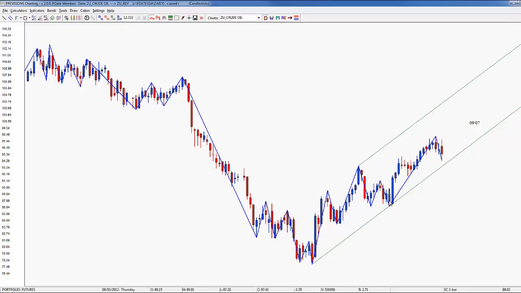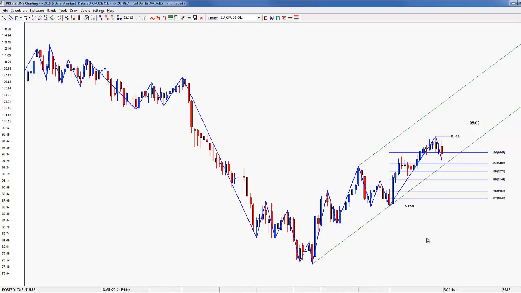Now you know what might be curious, I'm just going to do this out of curiosity, but I'm going to put a retracement tool on here. I'm going to do it while I'm on video. I have not tried this yet, but I'm just curious if it will fall on my channel. Okay, and it looks like here that 38% is also on this channel line.